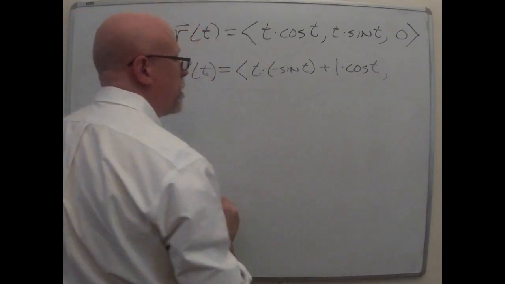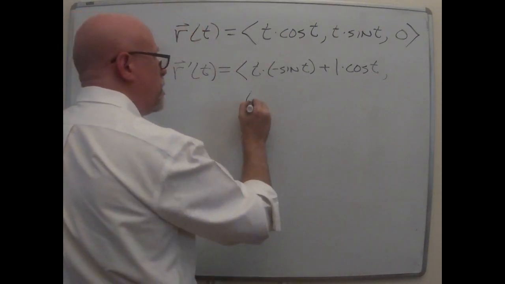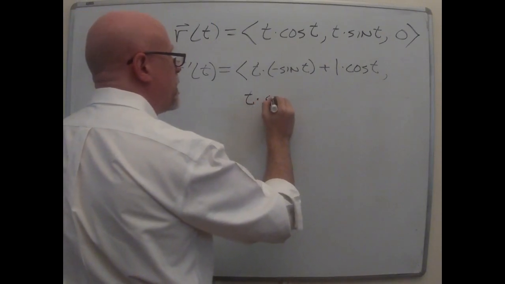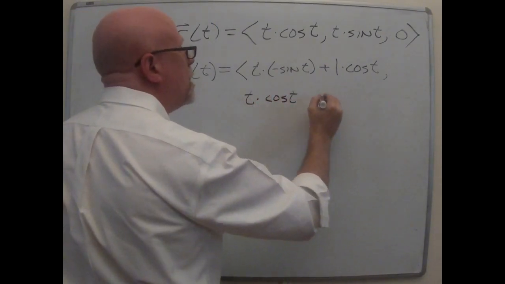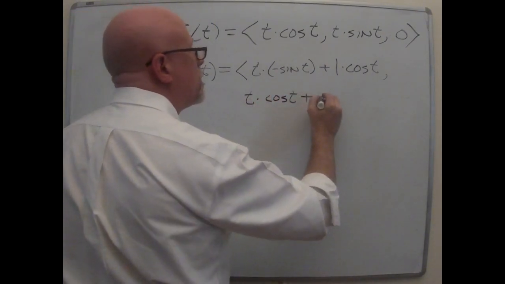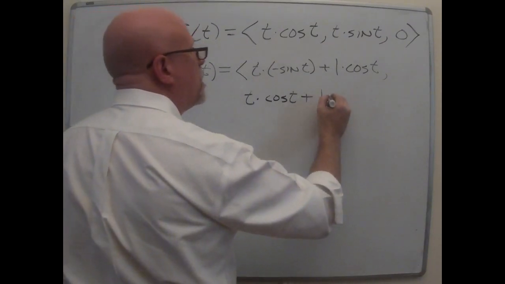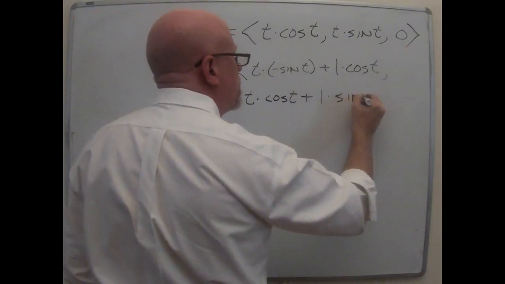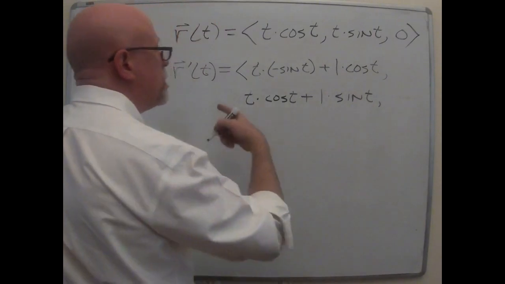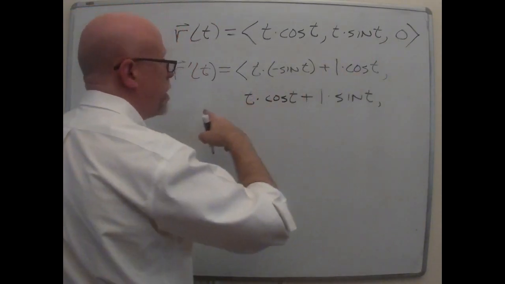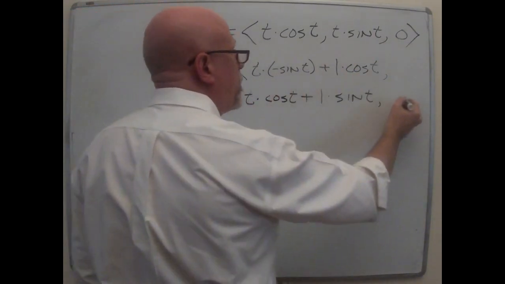That was the x coordinate. The y coordinate is going to be the first times the derivative of the second, plus the derivative of the first times the second unchanged. And of course the z coordinate was already 0, so when we take the derivative of any constant, we get 0.